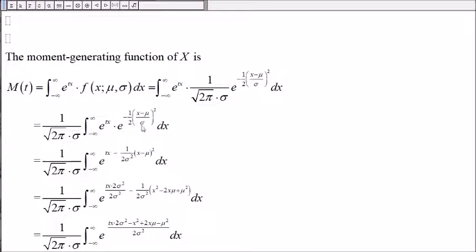So we can rewrite this as e to the t x minus 1 over 2 sigma squared times (x minus mu) squared. This is (x minus mu) squared over sigma squared. So that's how we end up with 2 sigma squared.